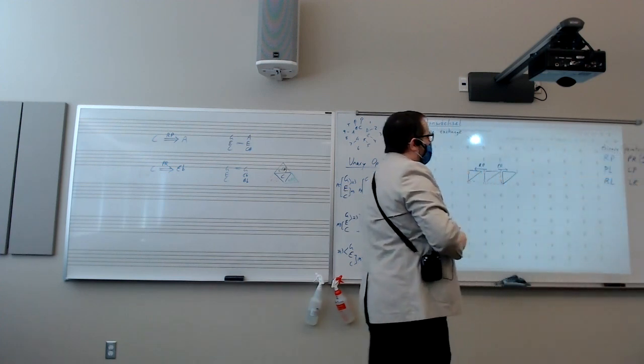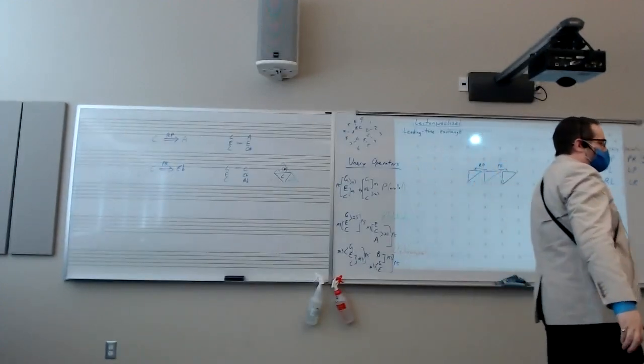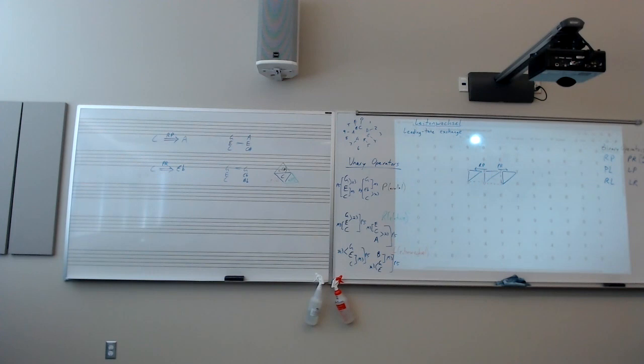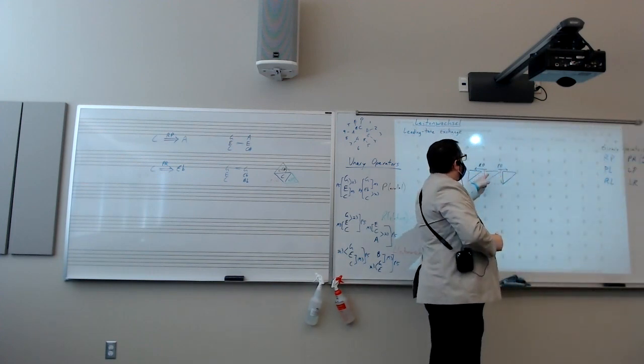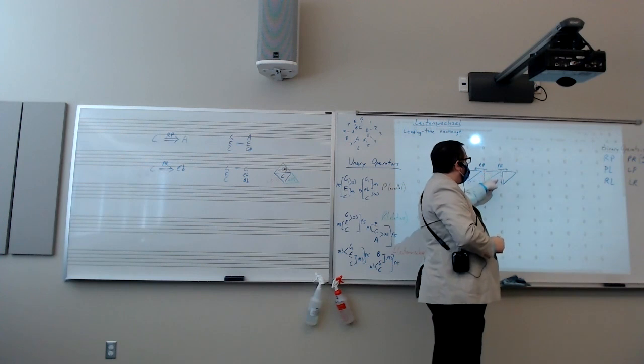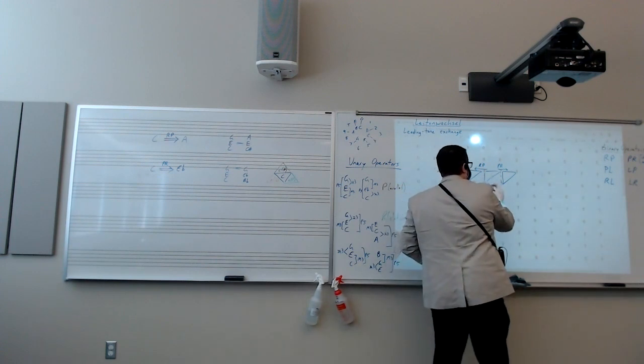Let's do PL and LP. Change color. All right, C major, take us to P, but this time instead of going R, we're going to go L. Taking us down to here.